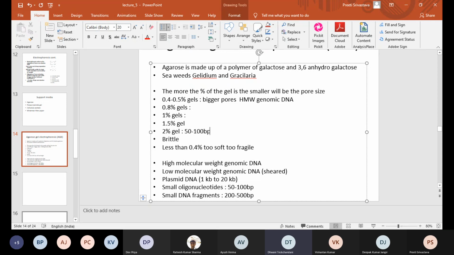Then the next bigger than this would be small DNA fragments, so that would be 1.5% gel. Bigger than this is plasmid DNA, that's 1% gel. And then of course 0.8% is the lower molecular weight genomic DNA.